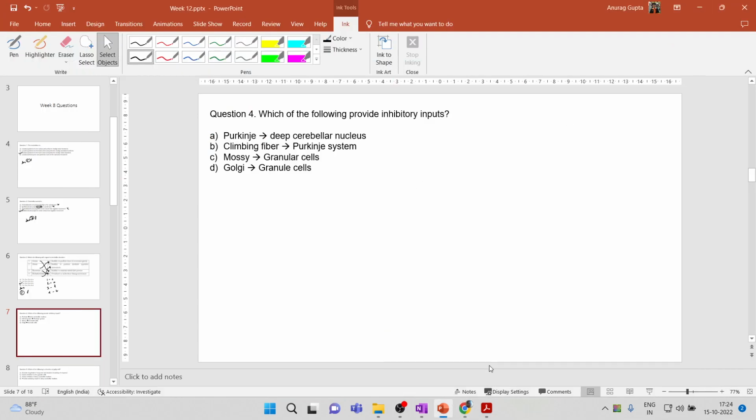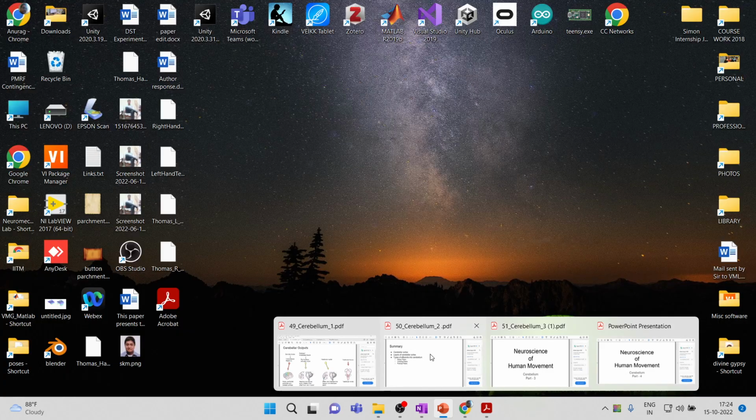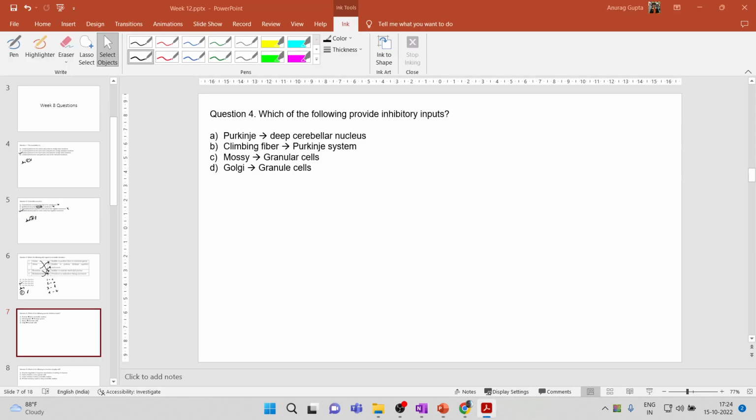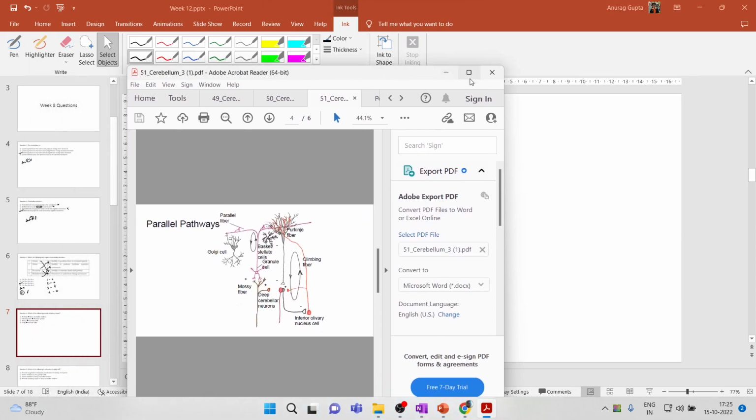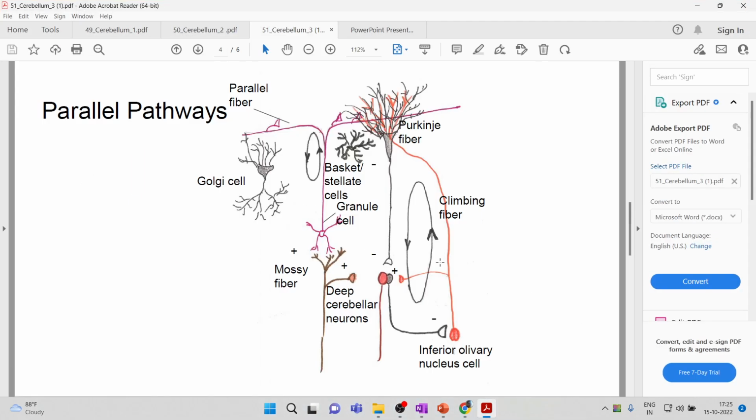Okay. So let me go back to one of the slides so that this becomes clear. We know this is the situation that is happening in the cerebellum. We have three layers in the cerebellum. One is the molecular layer, the other is the Purkinje layer, and the third one is the granular layer.